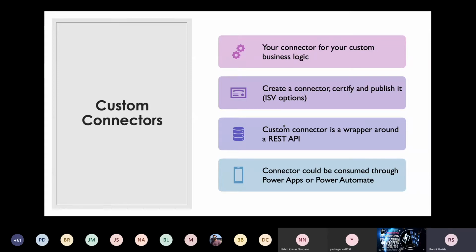Now these are publicly made available. They have gone through a certification process, and these are commercial options made available by ISVs. But if you would like to design some custom code that you traditionally write as a plugin or a workflow, you could actually write that code as a connector.